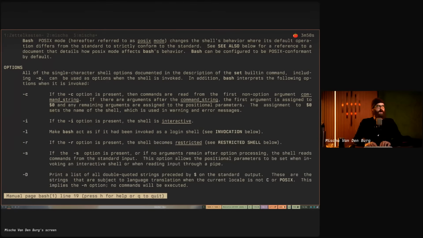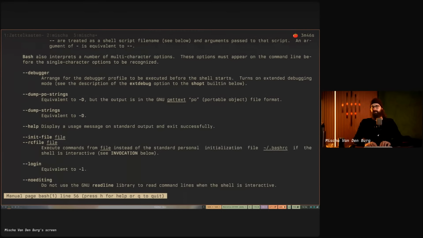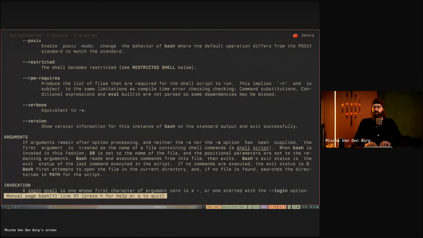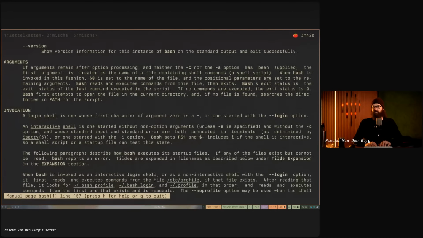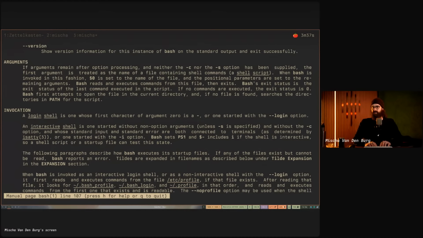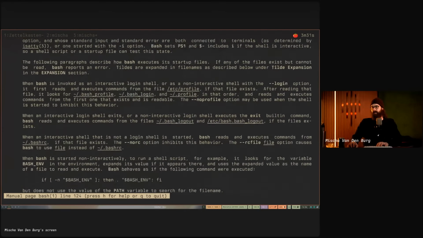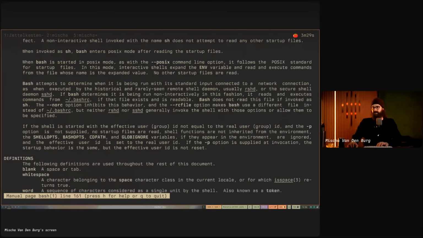But the man bash, this manual page, is one of the most important pieces of documentation you can read as a DevOps engineer or someone who wants to have a career in Linux. As you see, it has everything about arguments, login shells, interactive shells. Like this is a masterclass in Linux alone.